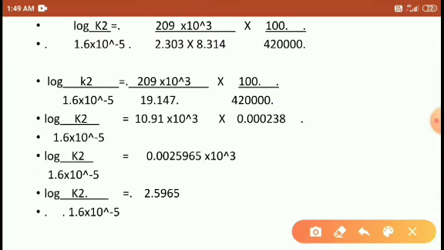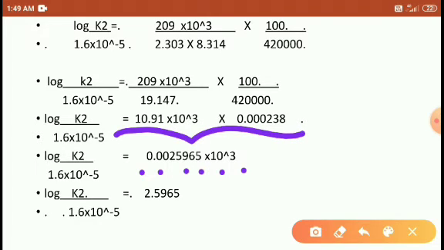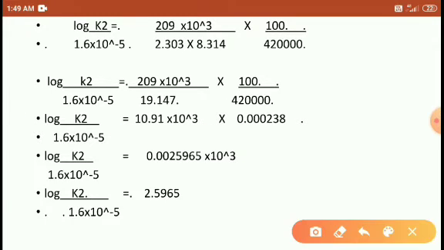After multiplying both values, you get the answer 0.002965 × 10^3, right students? Next the point shifts to the right hand side, and it becomes 2.5965. Again, to find log K2, you multiply these values.